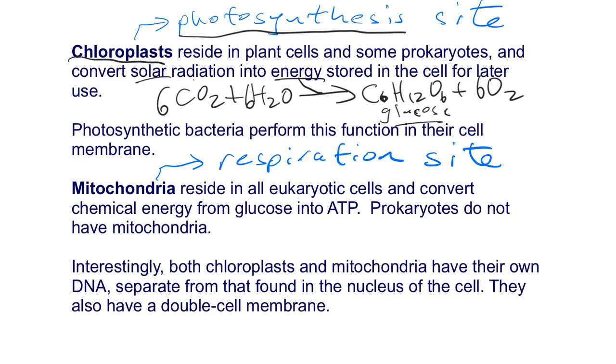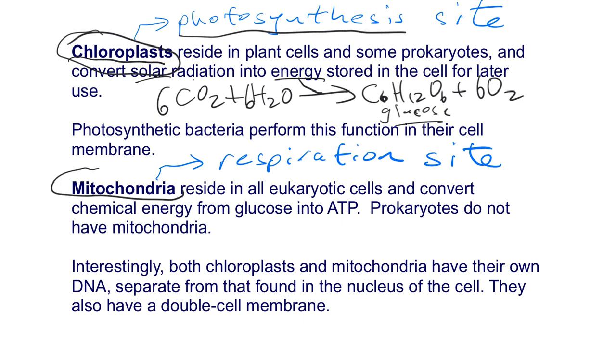We can't do that. Plants can, algae can, some photosynthetic bacteria sure can. So the organelle in these kinds of organisms that can convert sunlight energy into food bond energy are called chloroplasts.